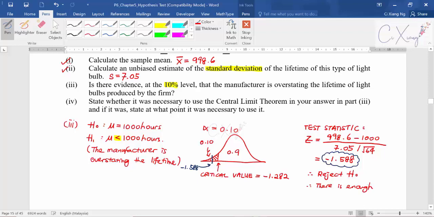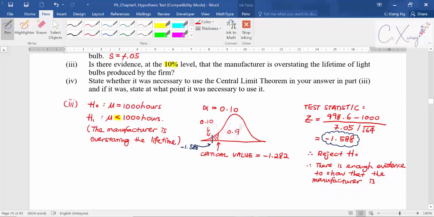evidence to show that the manufacturer is overstating the lifetime of the light bulb.